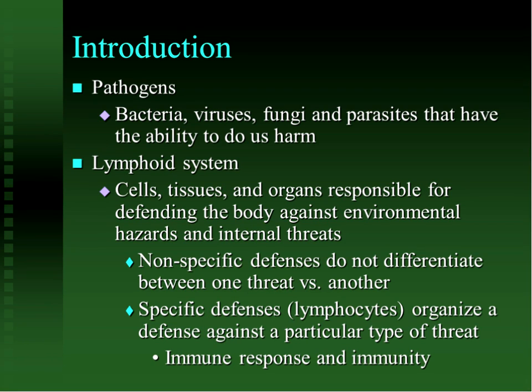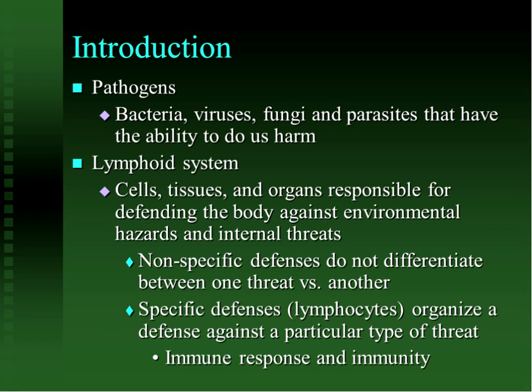A pathogen is what we describe, in a general sense, as anything that's trying to come in and do us harm. So bacteria are pathogens. Viruses, fungi, parasites, amoebas, protozoans, ticks, worms, they can all be considered pathogens.